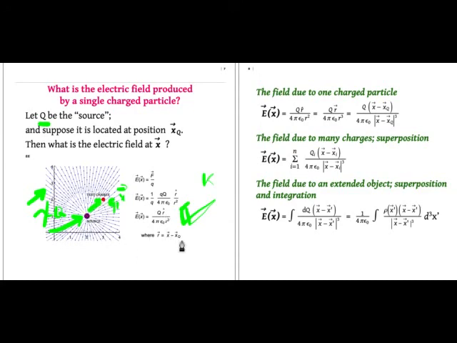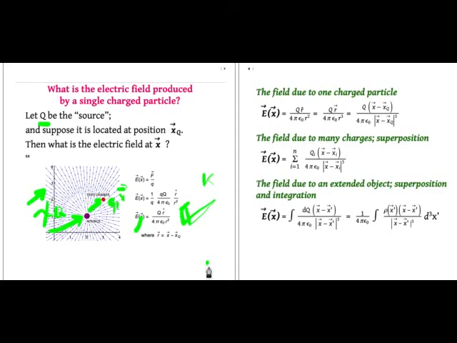It's x minus xq. So R here is the vector x minus xq. X is the point where I'm measuring the electric field. XQ is the point where this source is located.